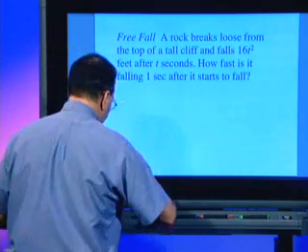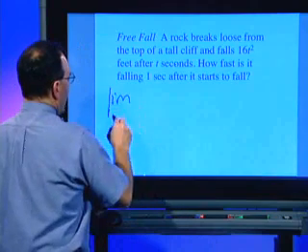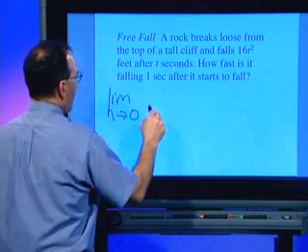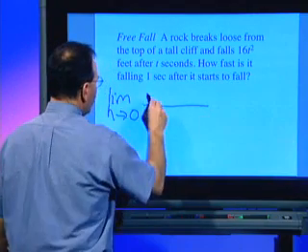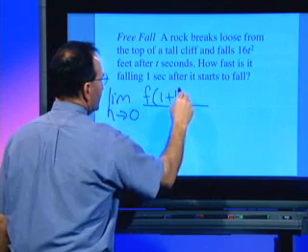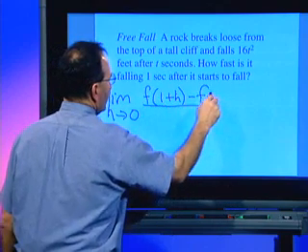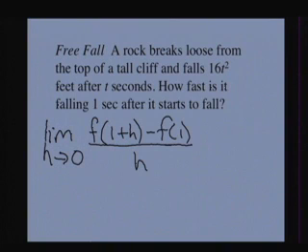So what we have is the limit as h goes to 0 of f of 1 plus h minus f of 1 all over h. And the function that we're dealing with is 16t².